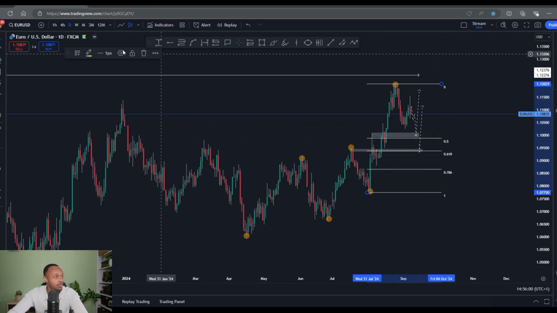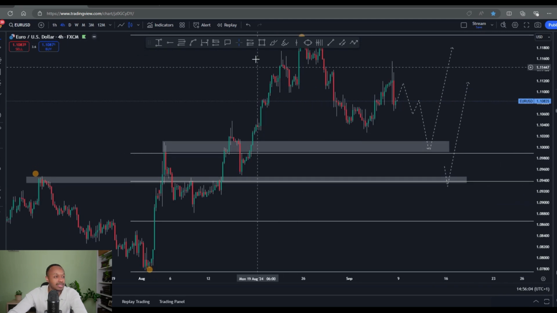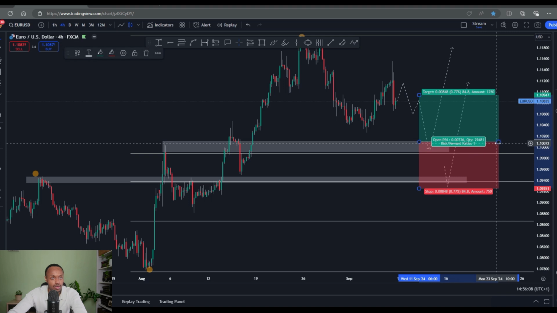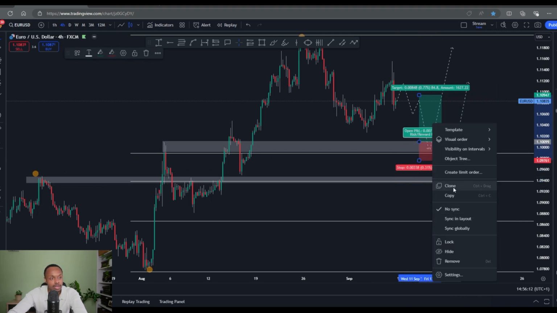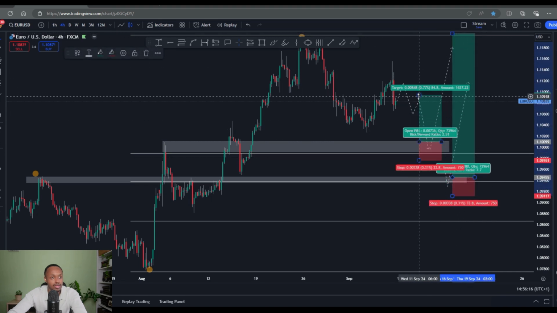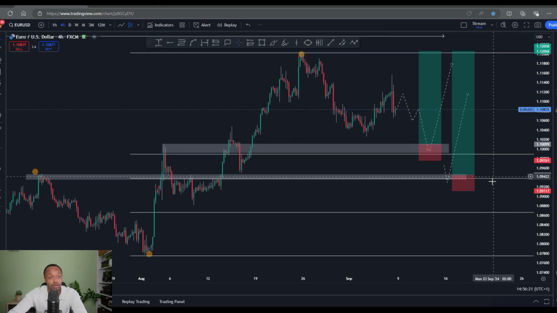So very bullish on Euro USD still, but we might see a bigger pullback next week. I'm not really interested in the shorts, but maybe day trading, there could be some nice shorts in the meantime. For me, I'm just going to be waiting for the long opportunity. So this is what I'll be looking for next week, and hopefully I can find some buys from 1.1 or 1.095.